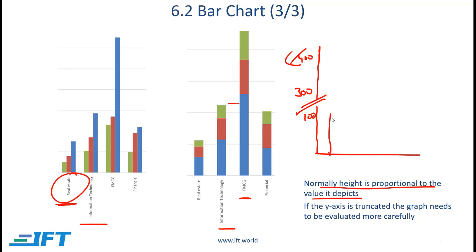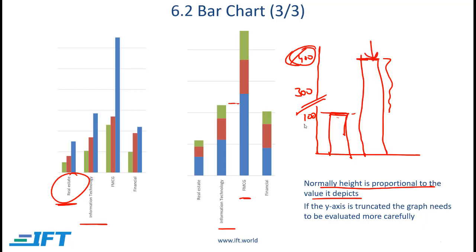Now, if we have two columns, one which looks like this and the other that looks like this, this seems to be about twice as high as this. But the fact that we have a truncated y-axis means that we need to carefully look at the numbers on the y-axis. So we need to look at the 100 and the 400, and then we can conclude that this is 4 times more than this.